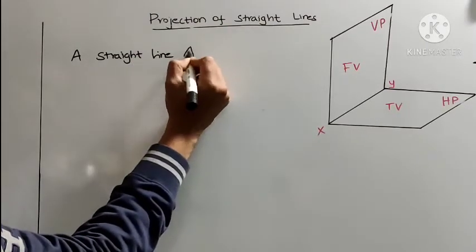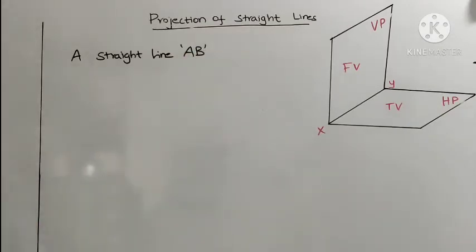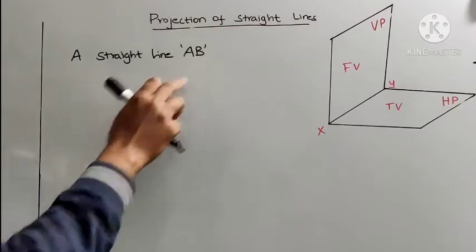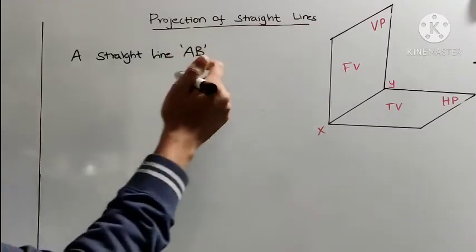Always in the question, they will denote the ends of a line with some letters, like AB, which means one end is called A, the other end is called B. Line AB.